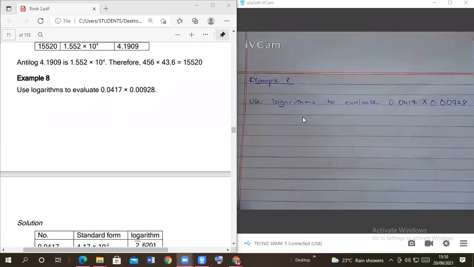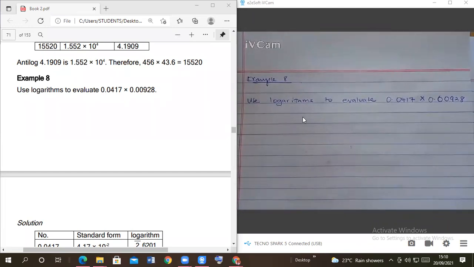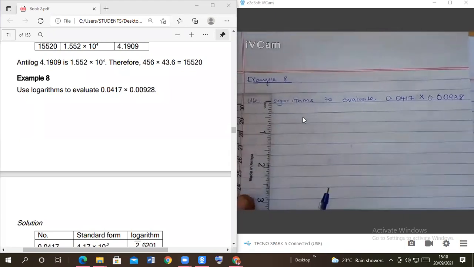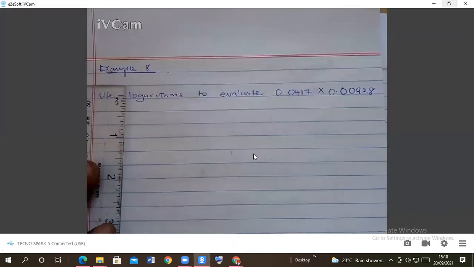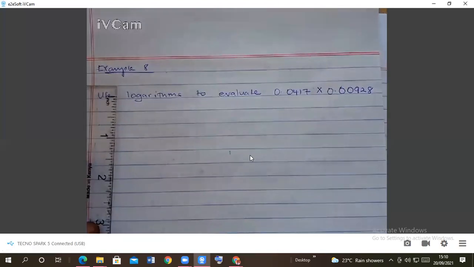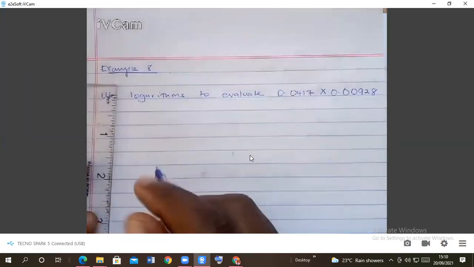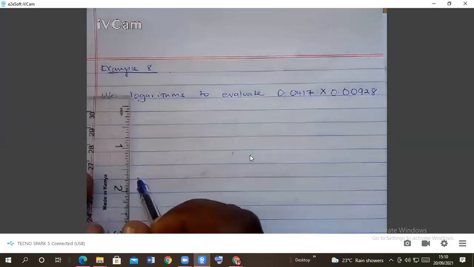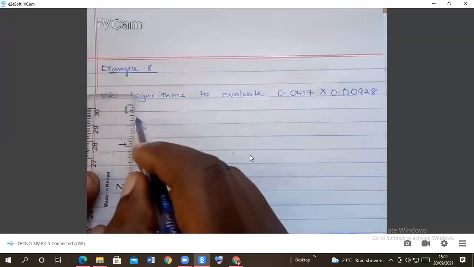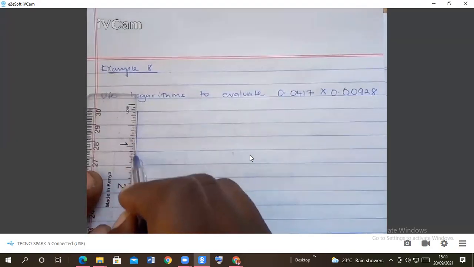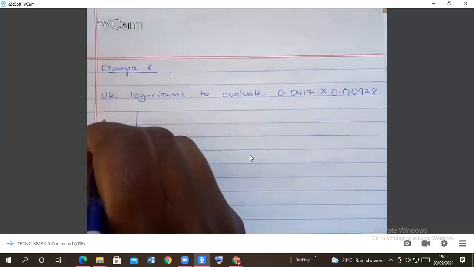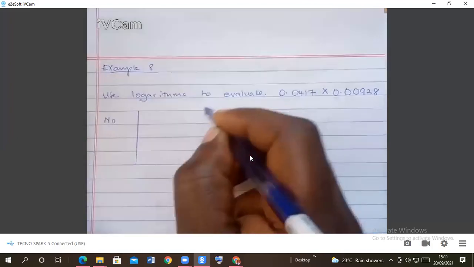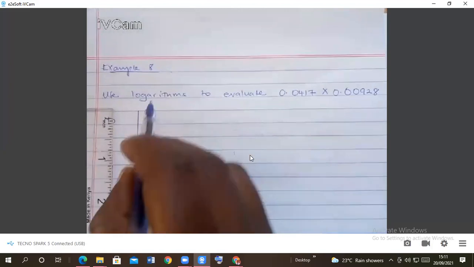You're going to use logarithm to evaluate that. So without looking at the working, can we do that, members? The first thing is we are going to draw our table. Here we have number. Here, what do we have?